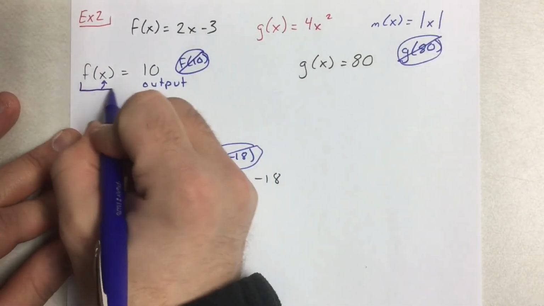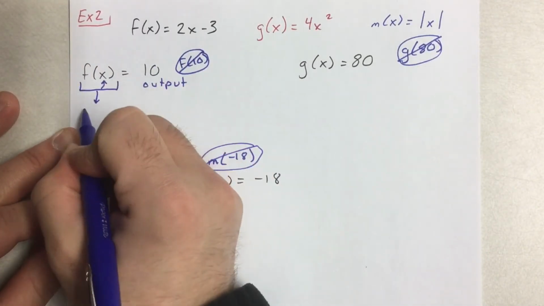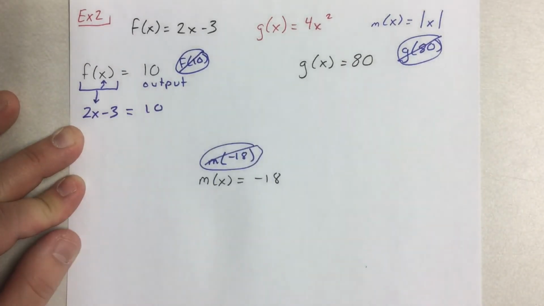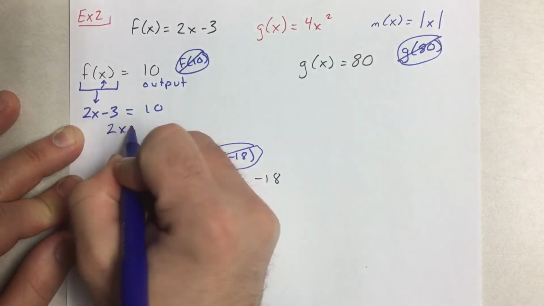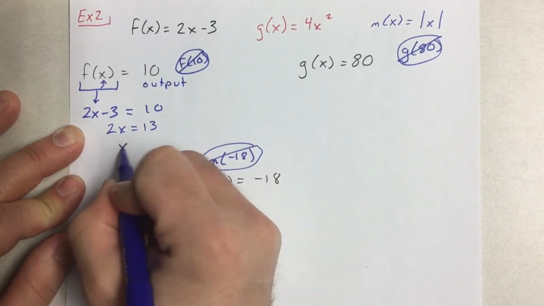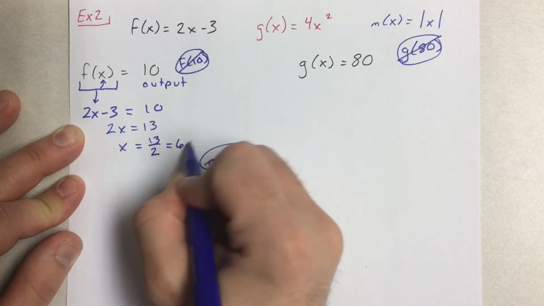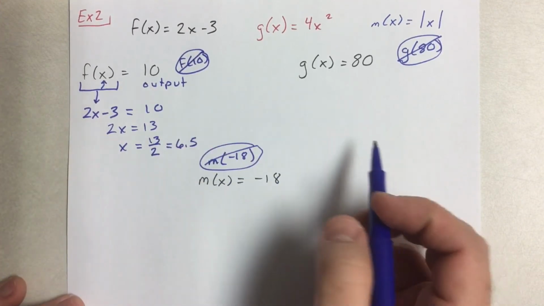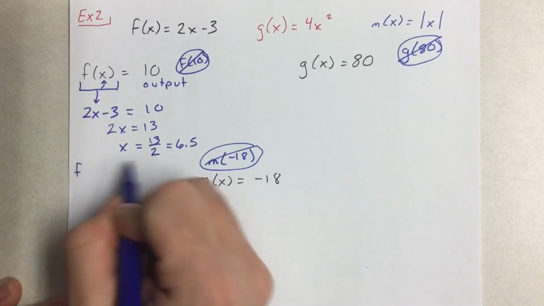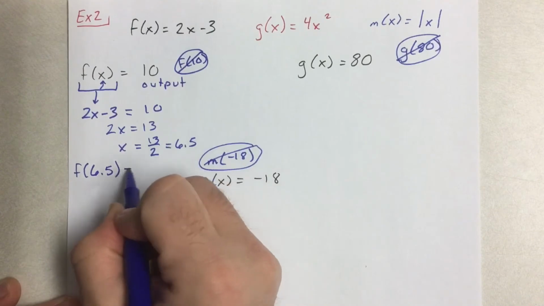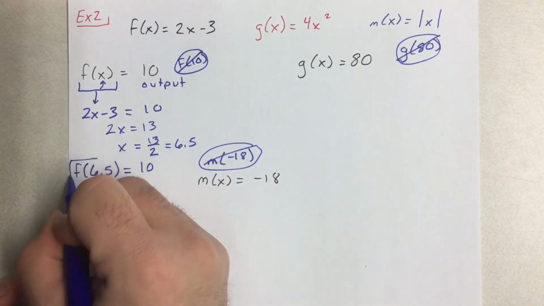So I'm going to write what it is, 2x minus 3 equals 10. Now we solve for x. So we add 3 to both sides to give us 13. We divide by 2 to get us 13 halves, or 6.5. So writing our answer, we're saying when we input 6.5, our result is 10.